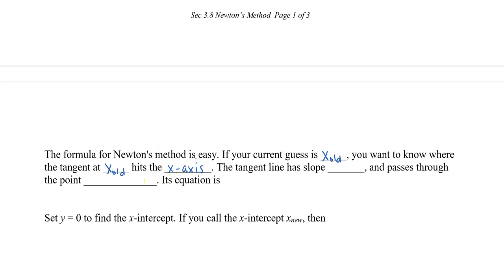Remember, we go out from x old, slide down the tangent, and it's going to hit the x-axis. So the tangent line, remember, has a slope of f prime of whatever that x old value is, and it passes through the point x sub old.